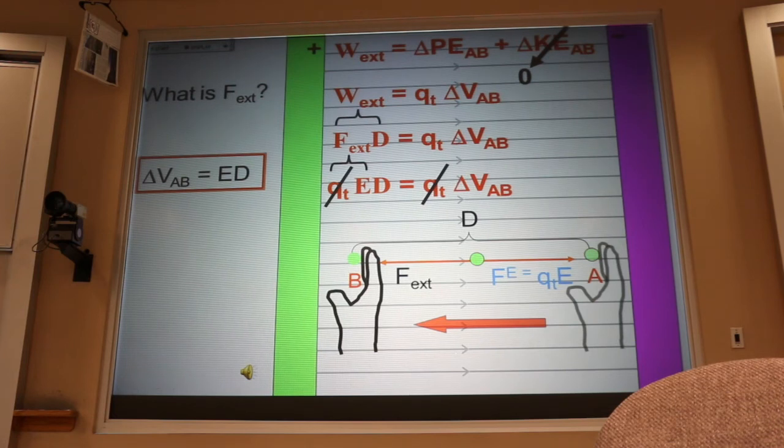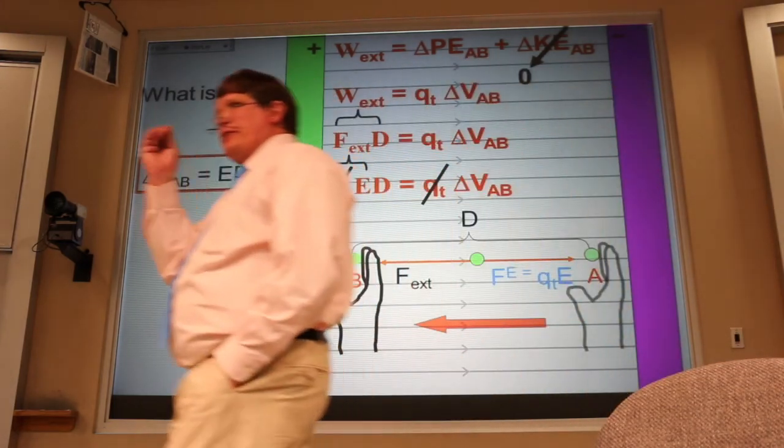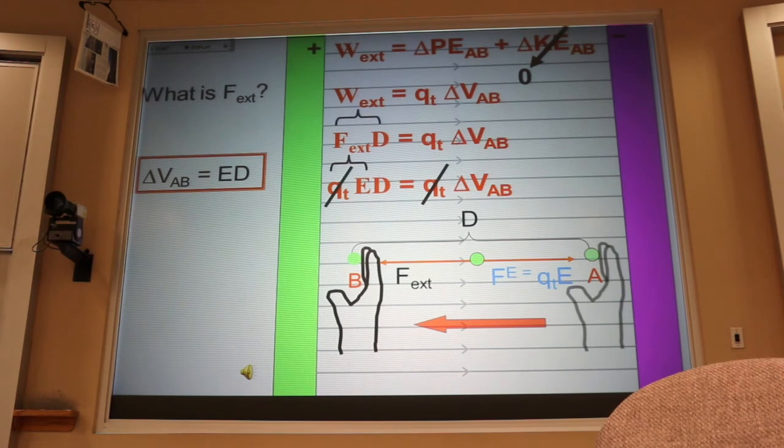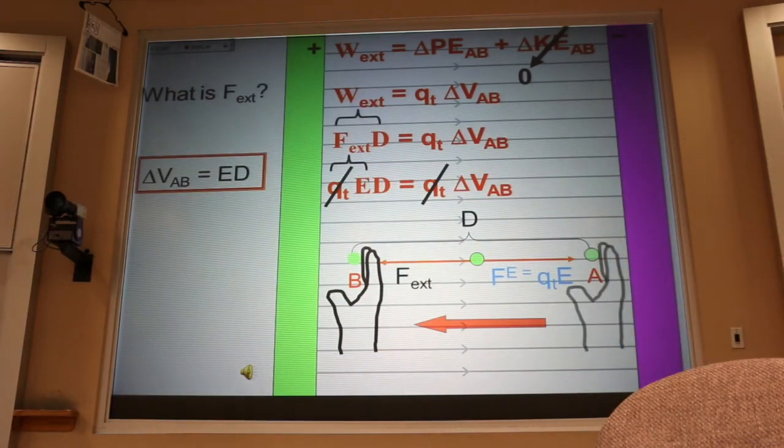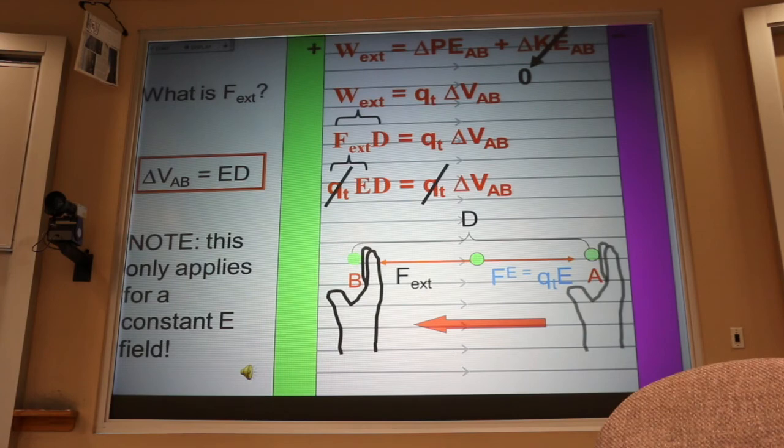Okay. This equation is so simple that it's dangerous. It's dangerous because you are going to want to use it for every single problem on the midterm. And there is great big yellow caution tape around this equation. You can only use this equation in regions where the electric field is uniform.